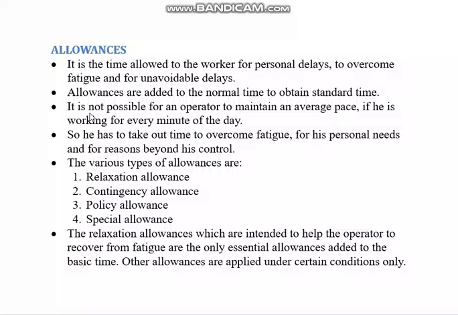For a worker, it is not possible to maintain a steady average pace if he is working every minute of the day. According to industrial laws, the shift duration is fixed as 8 hours. In an 8-hour shift, how many minutes are there? One hour has 60 minutes, 8 times 60 is 480 minutes.